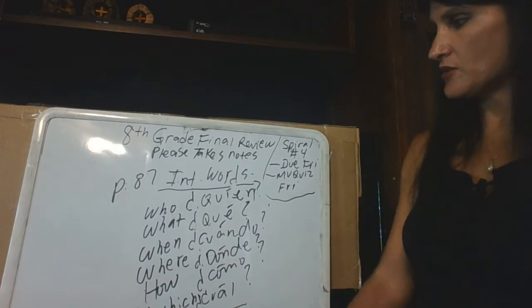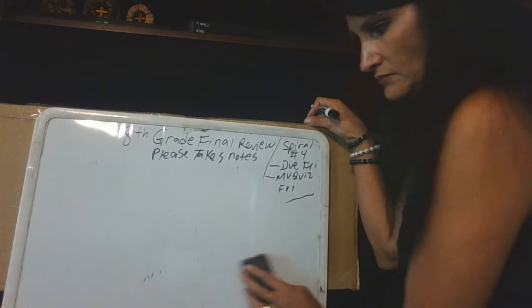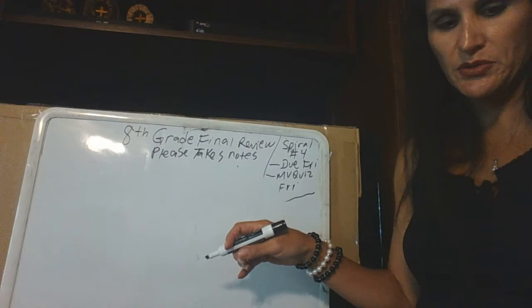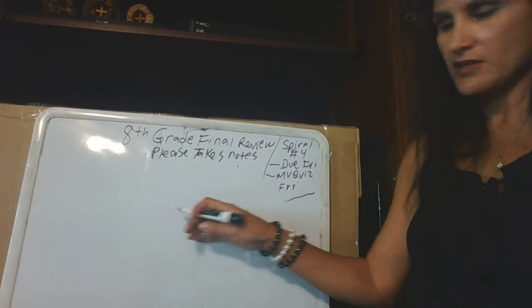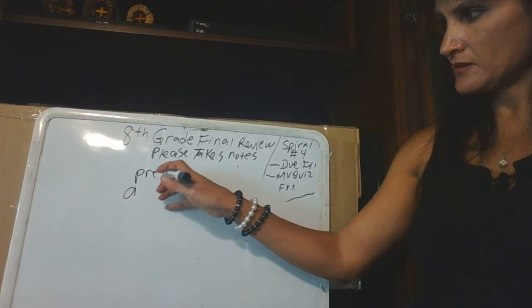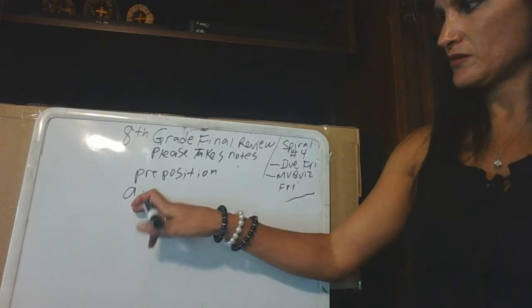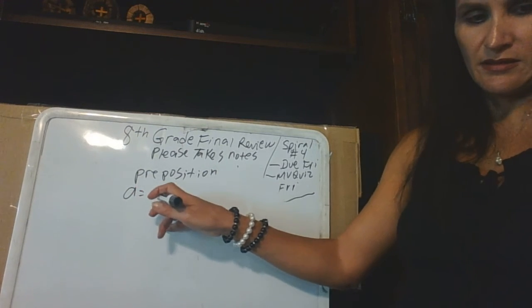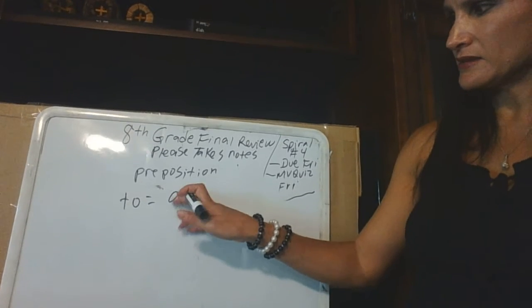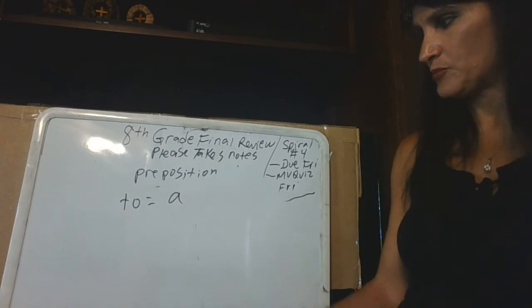The next one that you'll have to know is the prepositions. So to is a, like I go to the store: voy a la tienda. Or I give it to the teacher: le doy a la profesora.